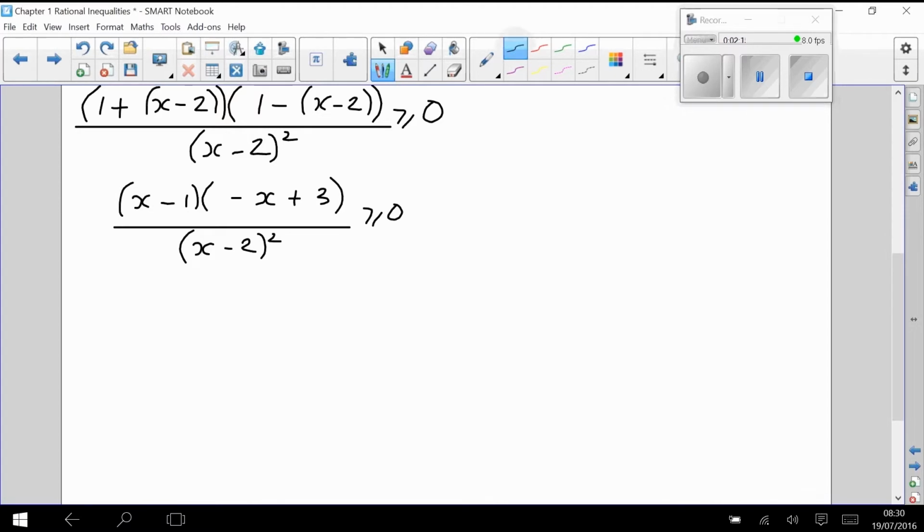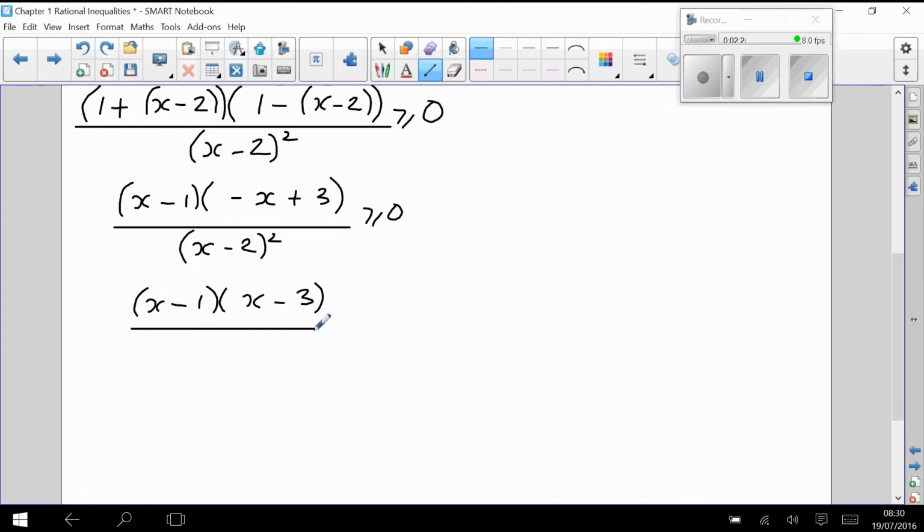In other words, the left-hand side is now going to be written as x minus 1, x minus 3, still all over the denominator of x minus 2 squared. But now this is going to be less than or equal to 0 because I've now divided both sides by minus 1.